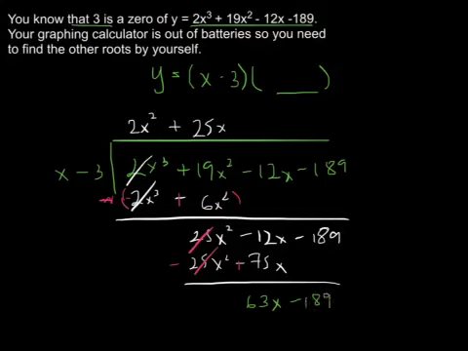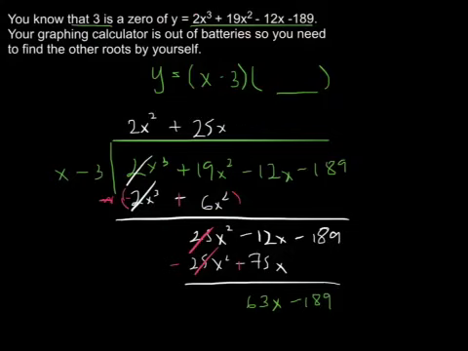And now we better end up with no remainder, because if we end up with a remainder, then we will know this is not a factor. Because a factor has to go in evenly, knowing that it will be multiplied by whatever our quotient is to get our big polynomial back. So x will go into 63x 63 times.